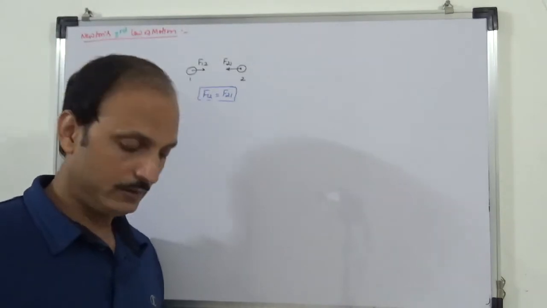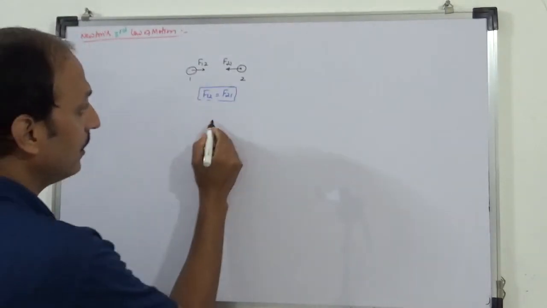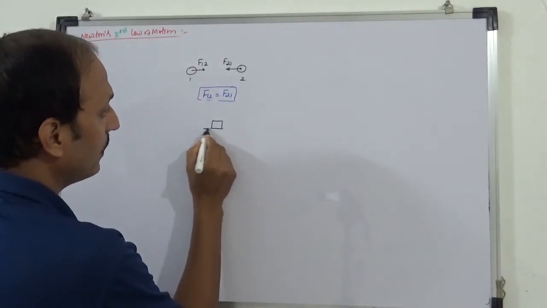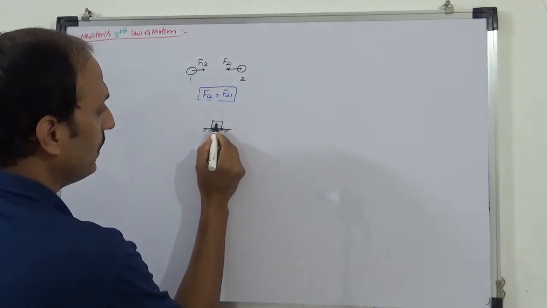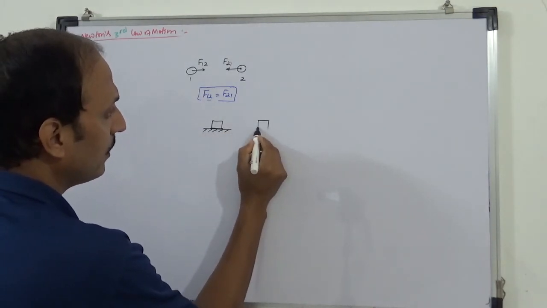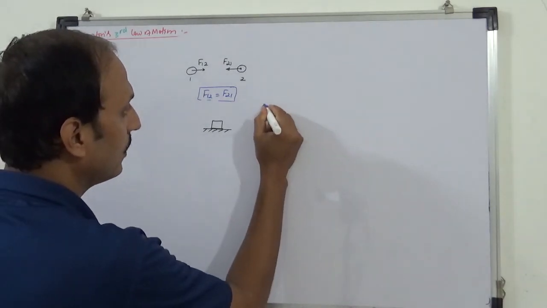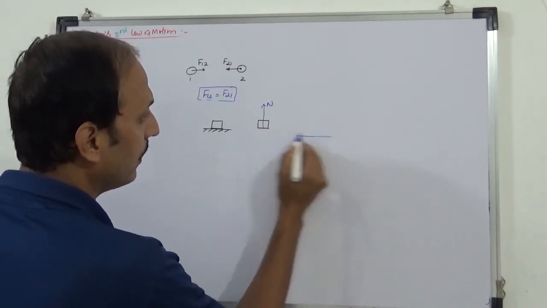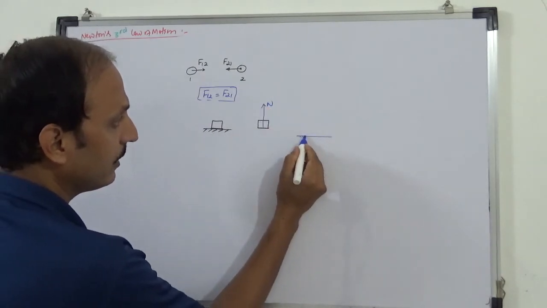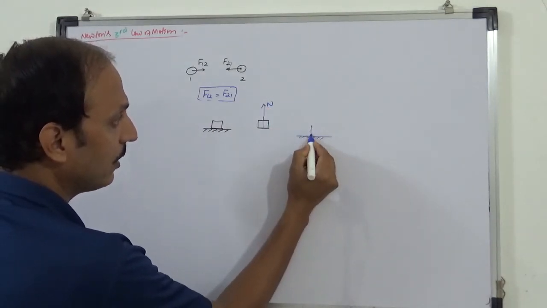I also showed this when the block was kept on the table in the last video. The table was applying a normal contact force on the mass, and the mass was also applying a normal contact force on the table.